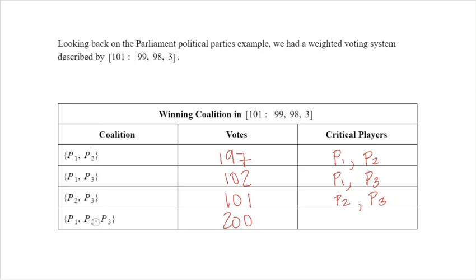So player 2 is not critical. And lastly, if player 3 changes their mind, can player 1 and 2 still pass a motion without them? Yes. So player 3 is not critical, which means in this situation, there are no critical players in that last winning coalition. We'll come back to this and finish up this example in a minute.